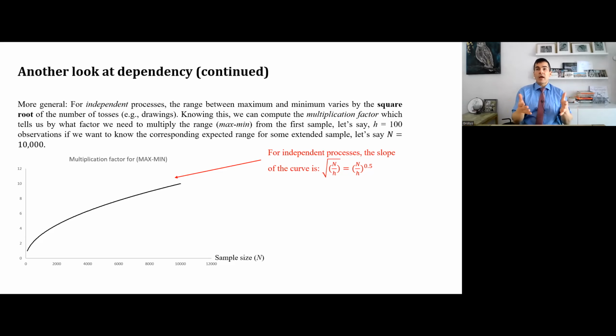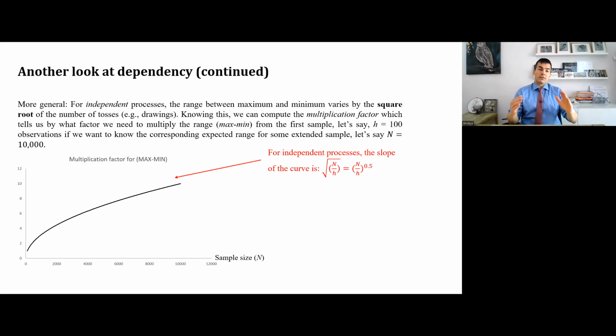So the answer is we have to take 6,400, which is now our capital N, divided by 100, which is 64, and the square root of 64 is 8. So if the initial range is, let's say, 20, 8 times 20 is 160. So we can expect that the range between maximum and minimum will be equal or less than 160 if we reach 6,400 observations.